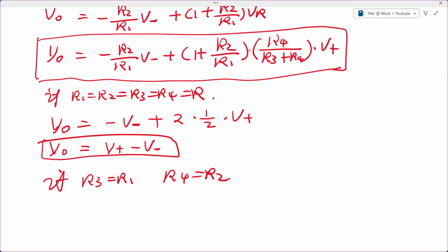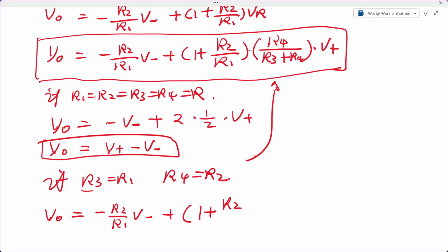We can plug this into this equation, and V out equals minus R2 over R1 times V minus, plus 1 plus R2 over R1 times R4 over R3 plus R4 times V plus. Since R4 equals R2 we replace it with R2, and R3 equals R1 so we replace it with R1.